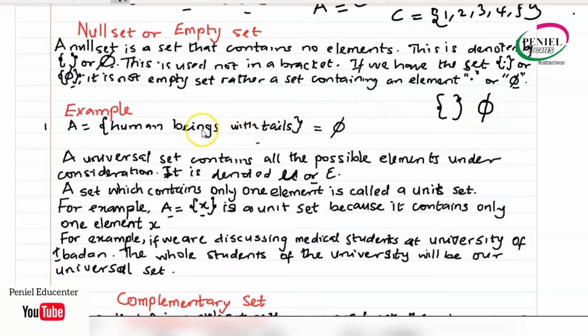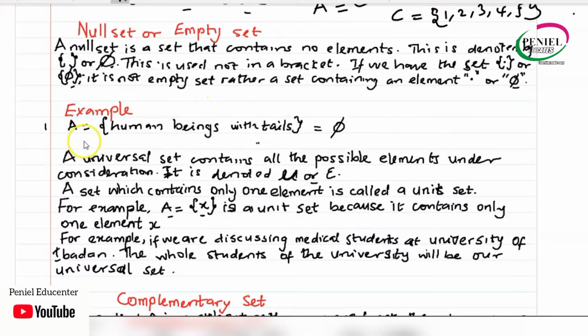Okay, so if we have something like this and we have a dot here, this particular one is not an empty set, because it contains a dot, which is an element. But when there is no element inside a set, we call it a null set or empty set.